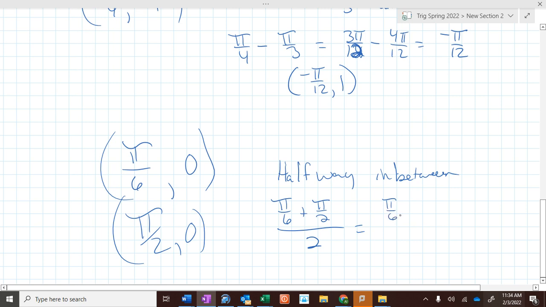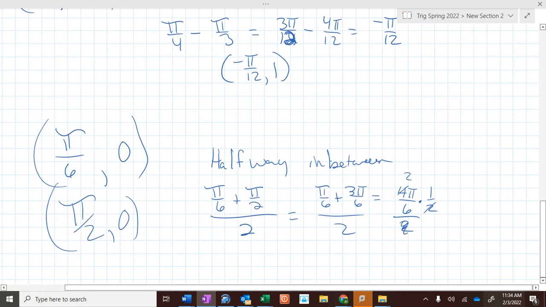Well, it's pi over 6 plus 3 pi over 6, which gives you 4 pi over 6 divided by 2. And if you divide by 2, that's the same as multiplying it by 1/2. 2 and 4 cancel, leaving 2 and 6. What's 2 pi over 6 the same as?